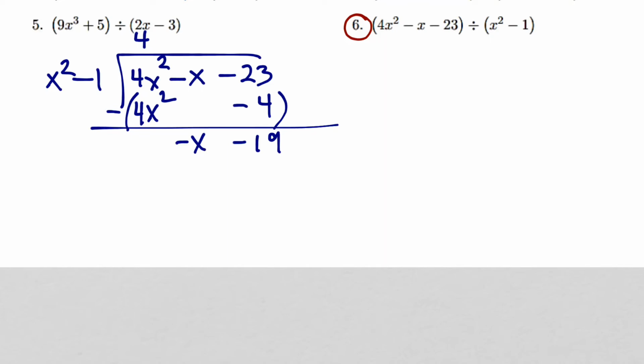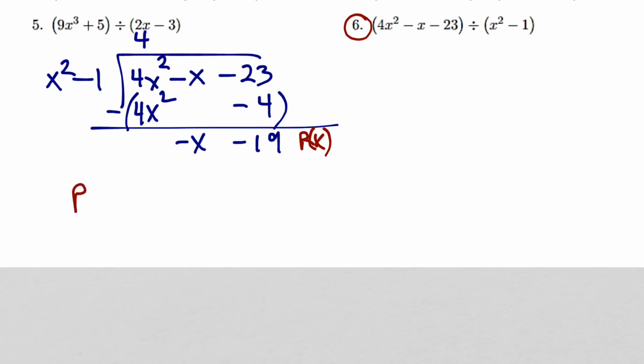All right, now I'm going to examine this and see whether I need to do another step. So notice the power of this term is 1, the power of this term is 2. So when that occurs, that means you're finished. There's not another step. So this is going to be my remainder right here. So I'm done.